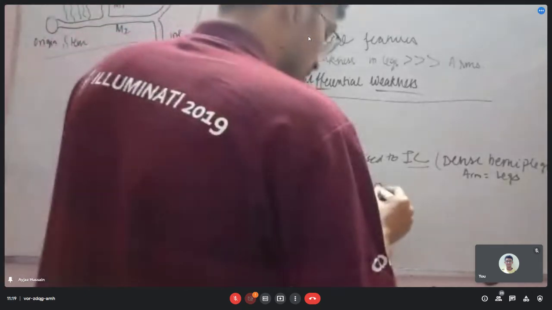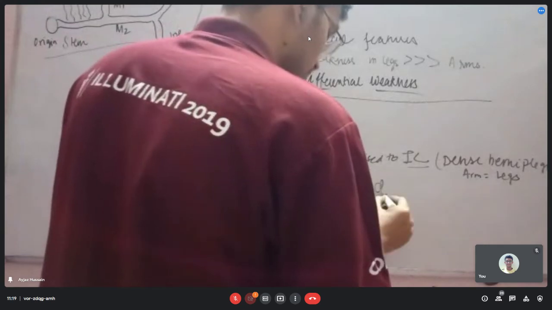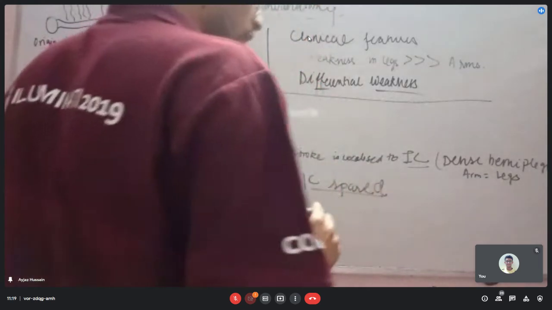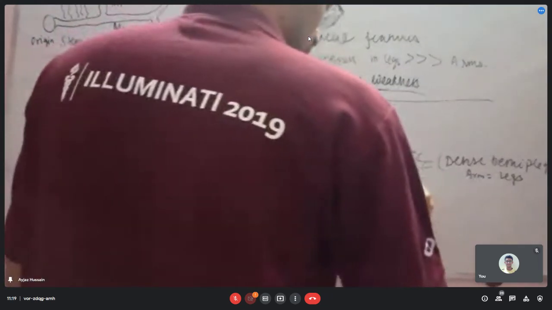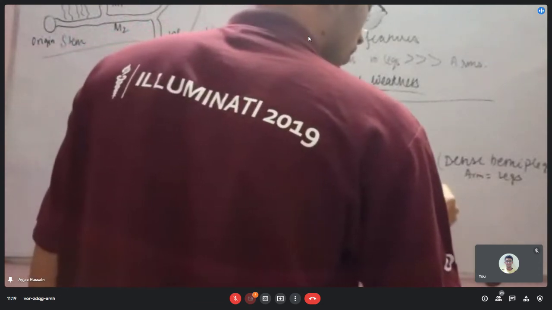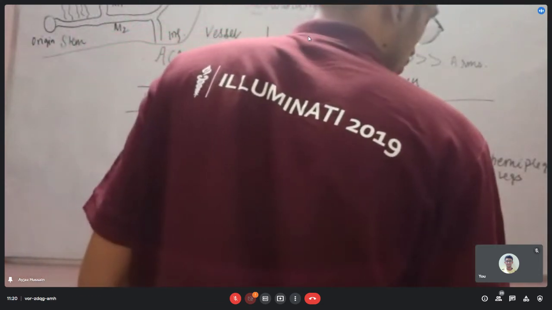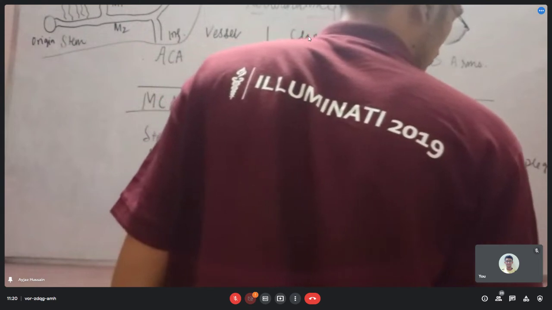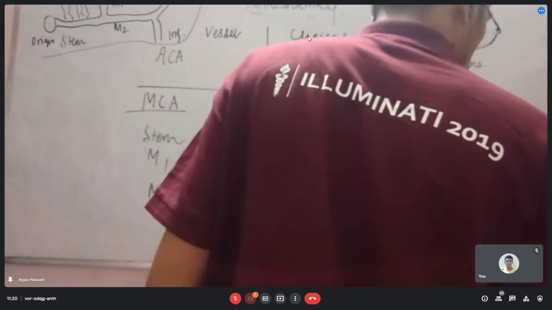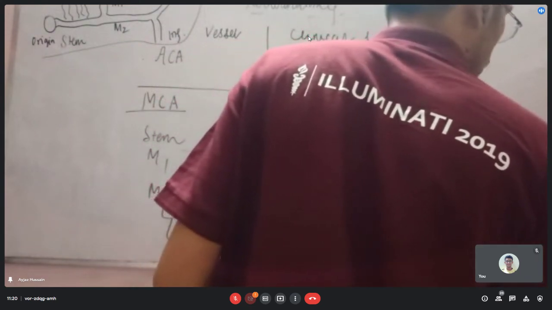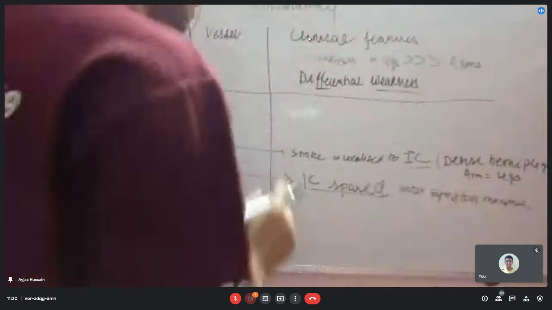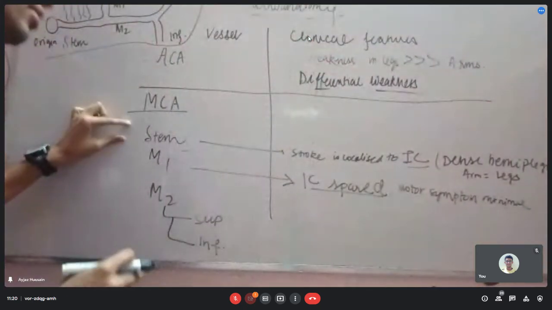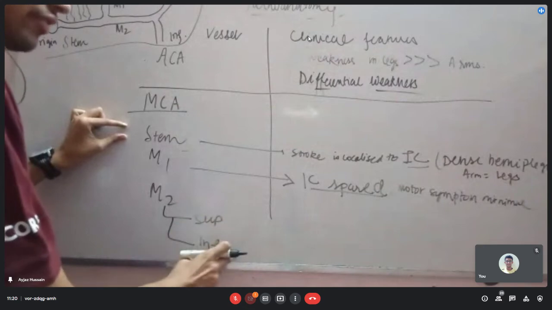Here, since the internal capsule is spared, there is no involvement of the internal capsule, and motor symptoms will also be minimal. So M1 is not of very much importance clinically. What is more important is to identify whether the stem is involved and whether the superior division or the inferior division is involved.